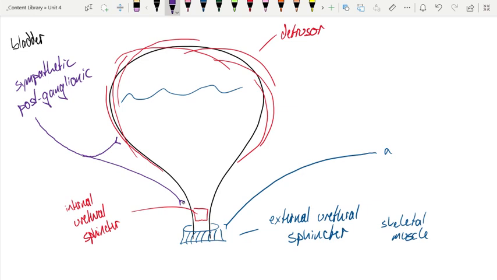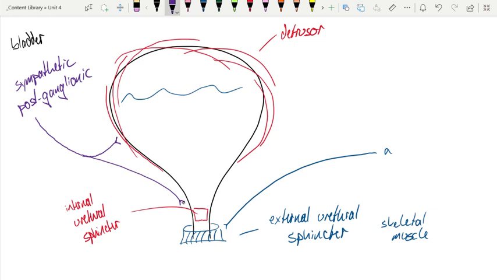I hope you can see the conundrum. By trying to not void the bladder, I want to relax the detrusor muscle. At the same time, I want to contract my internal urethral sphincter. This is why I have different receptors, because I know what's being delivered. This is norepinephrine from this postganglionic, right?